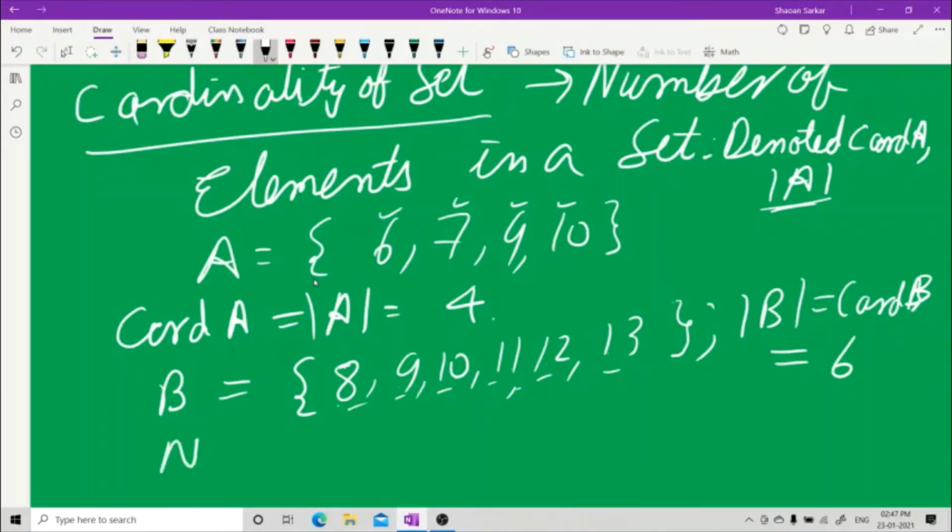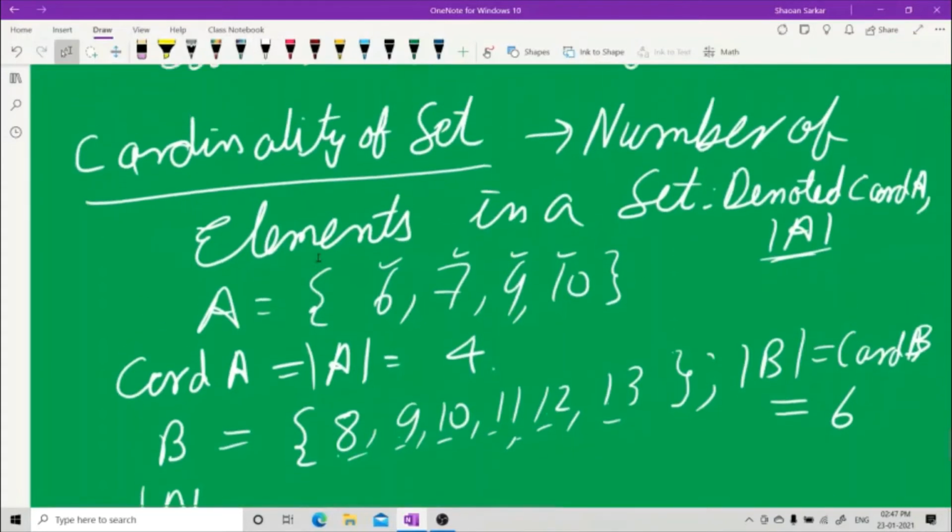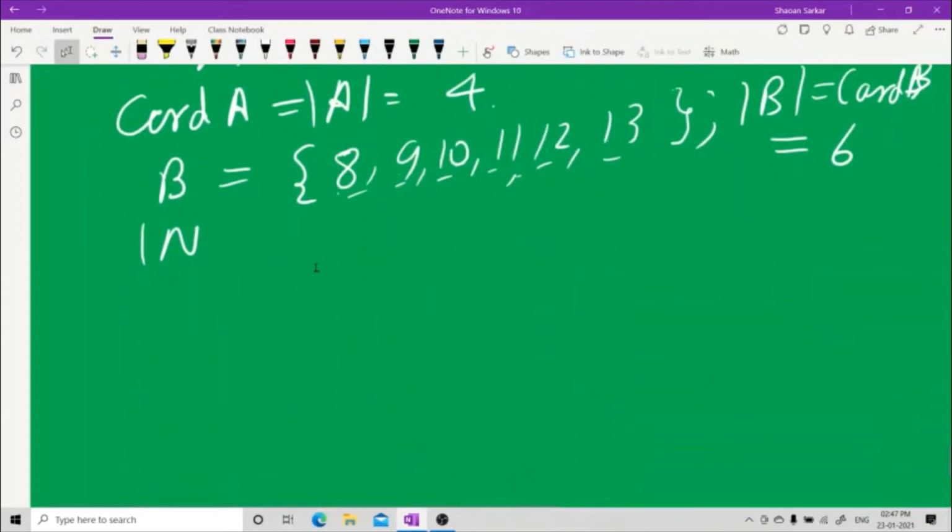Now take the natural numbers. Let me discuss with some space here because I need more space to make you understand.